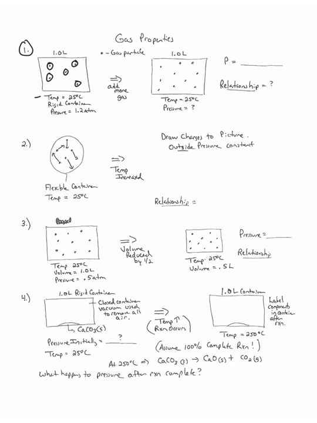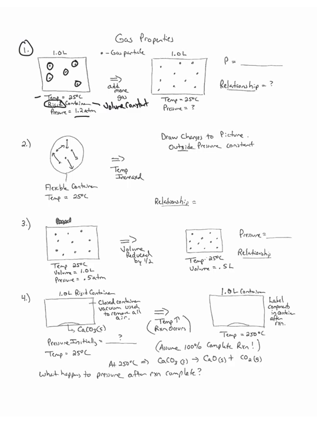Now the temperature is at 25. A rigid container, for the sake of this unit, means that the volume is constant. The container is not flexible. So whatever it is now, it's going to stay that. So it's a constant volume. And the pressure is at 1.2 atmospheres.